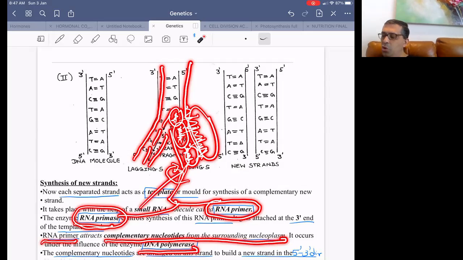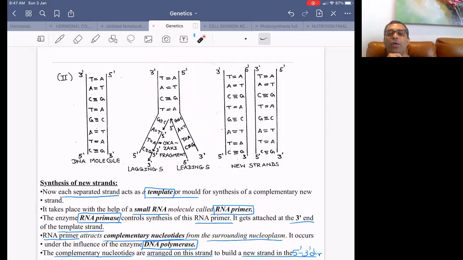It attracts new nucleotides and helps in the synthesis of the new strand. So new strand synthesis takes place with the help of RNA primer molecule.